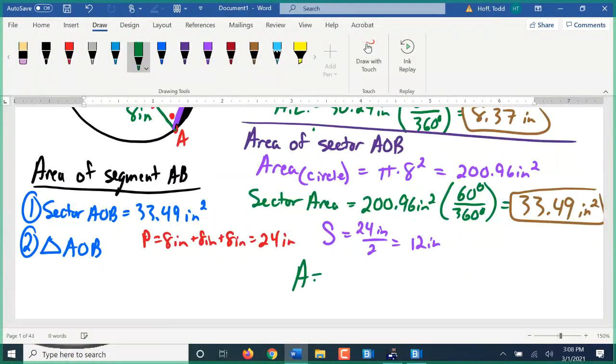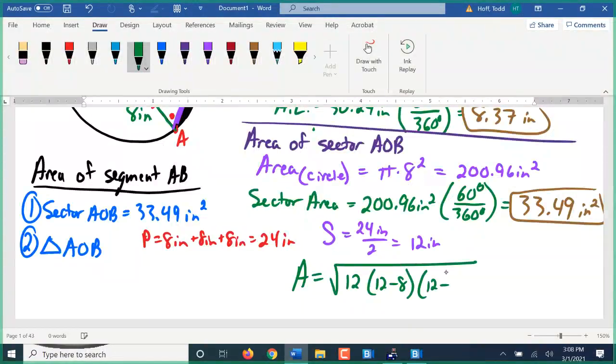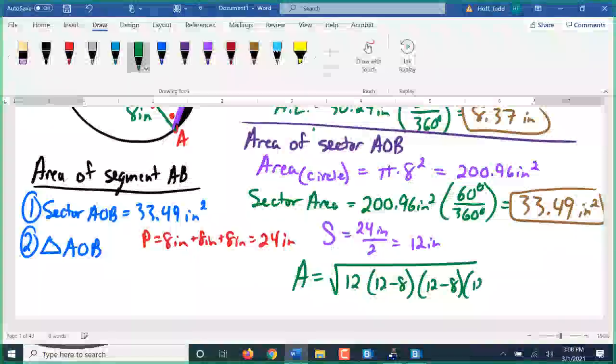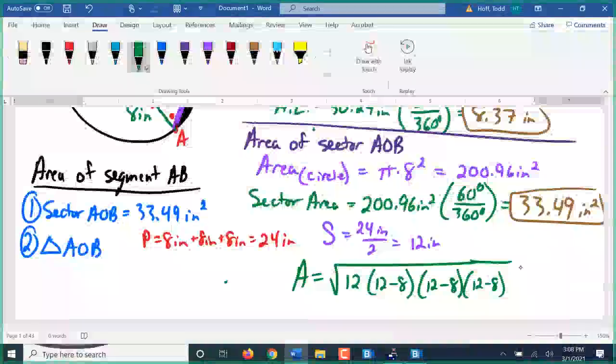Means the area of that triangle is the square root of semi-perimeter times the semi-perimeter minus the first side, times the semi-perimeter minus the second side, times the semi-perimeter minus the third side. It's 27.71 square inches.